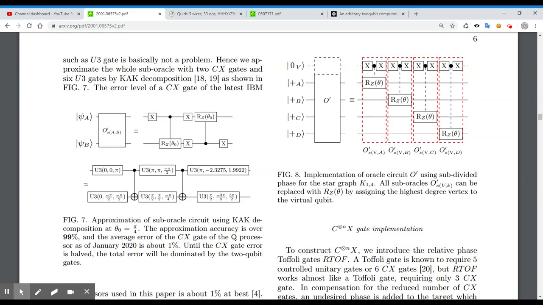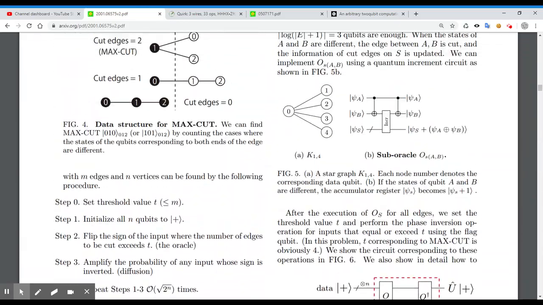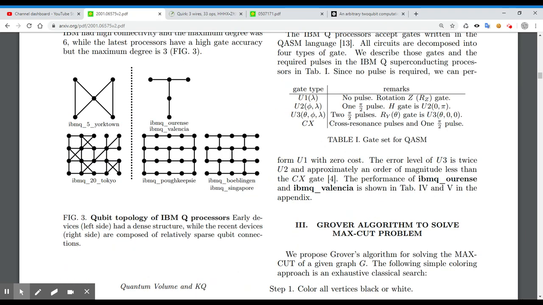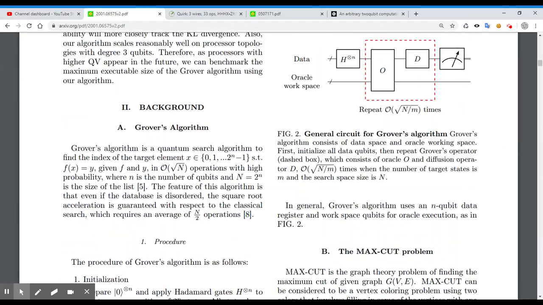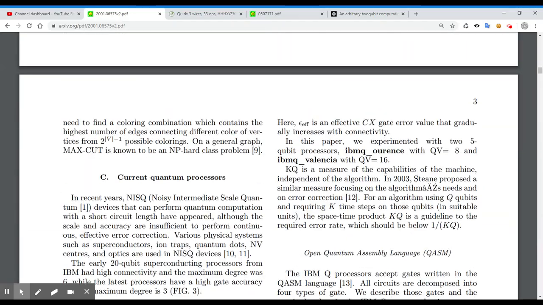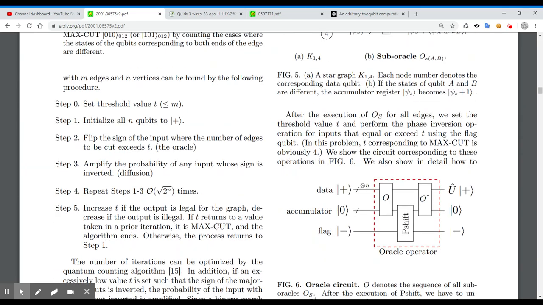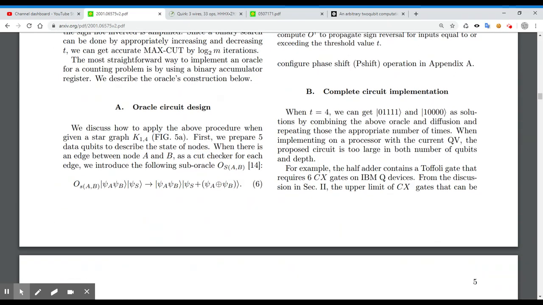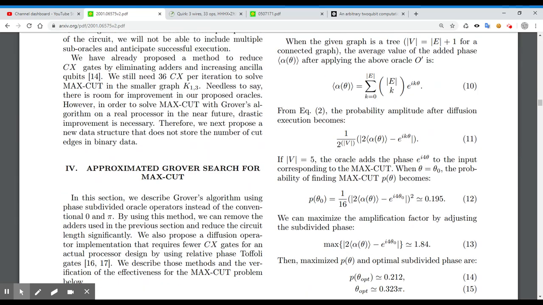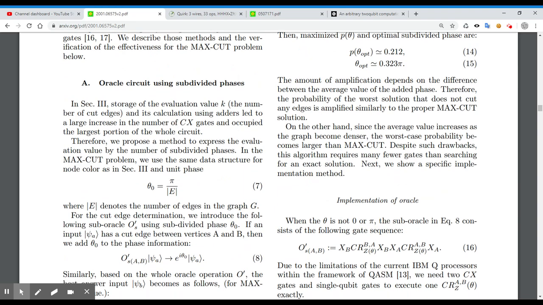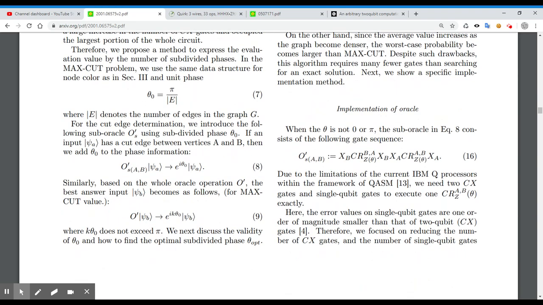So what have we got so far? We've got things to come back to later. The exact definition, or better understanding of what quantum volume is. That's something to come back to later. The KAK decomposition is something to come back to later. But I think that's it basically. I'll have to catch up with my videos and see whether I missed anything, but I should probably be taking note of that.